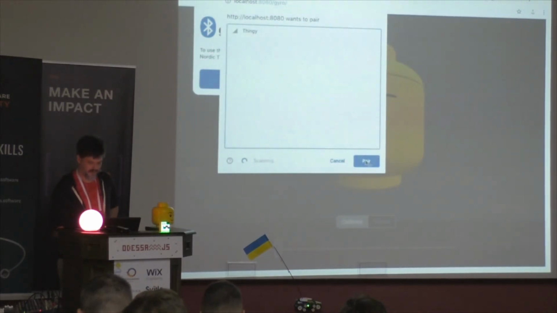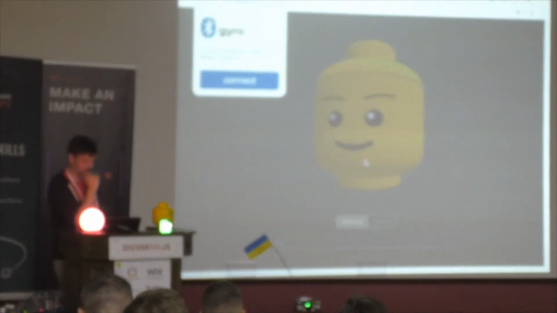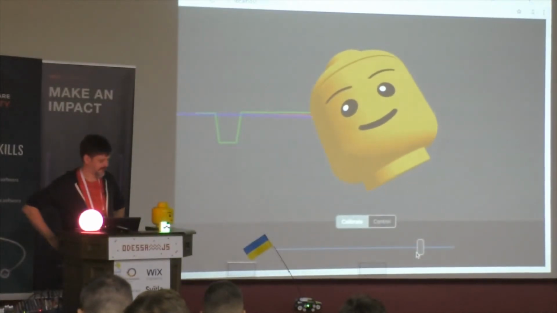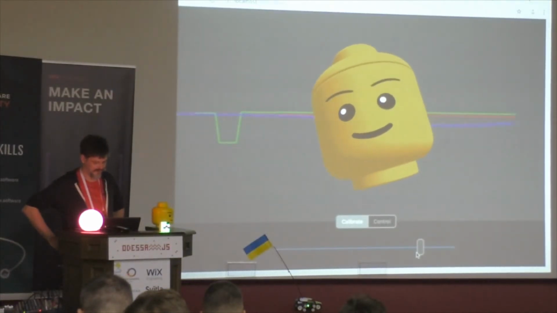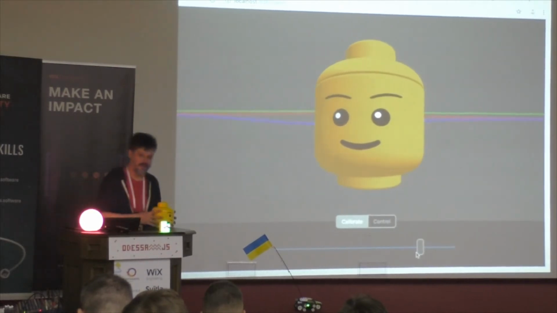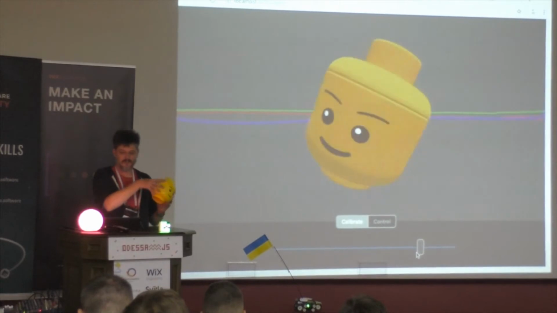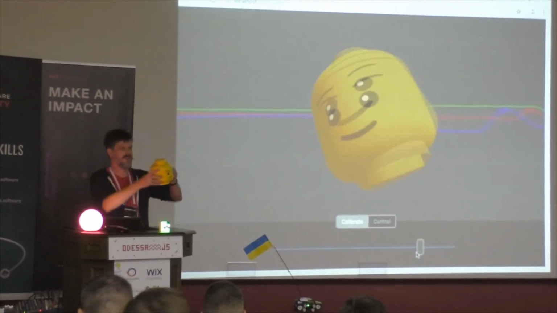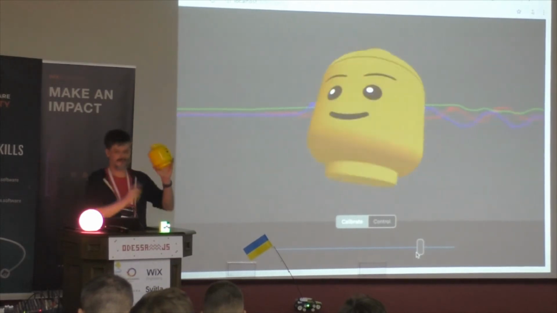Now, I connect to the device. It needs to stabilize for a second. There it goes. Now, if I pick it up, it follows exactly the movements I make on screen.